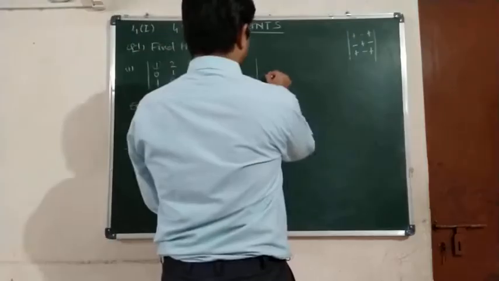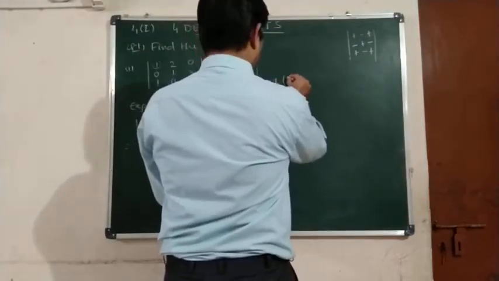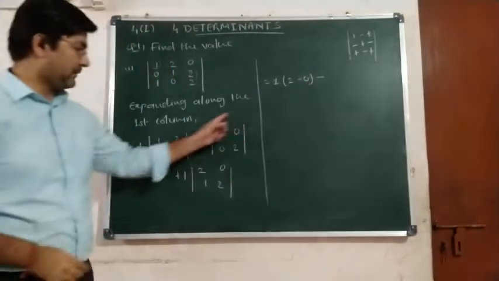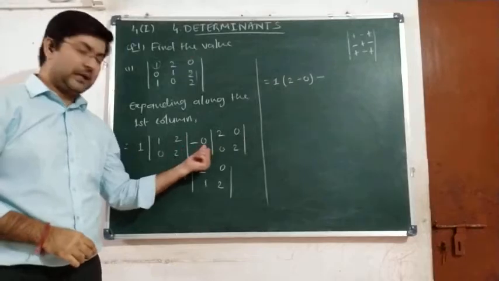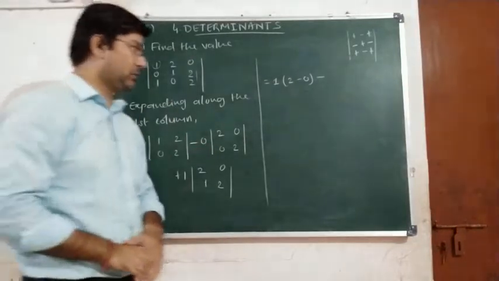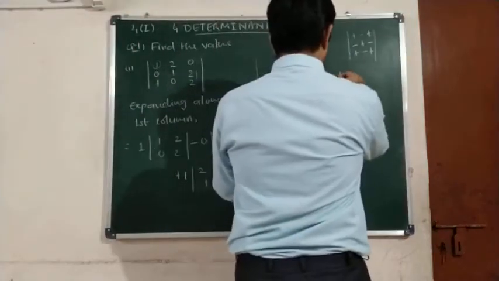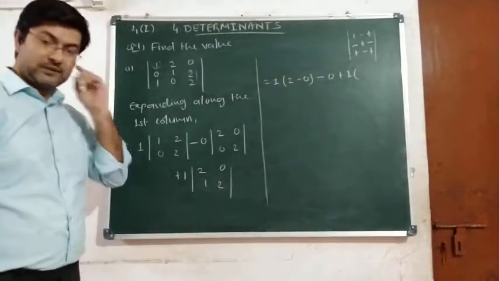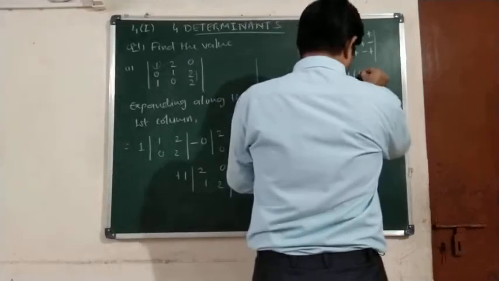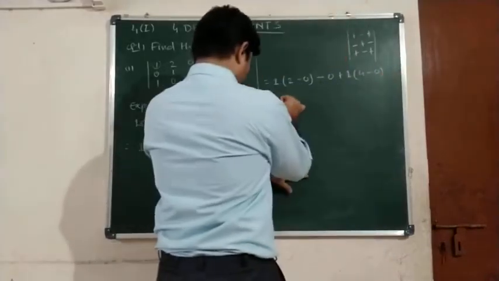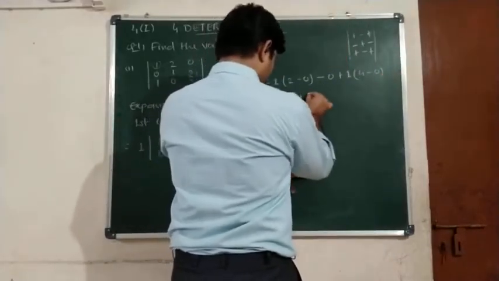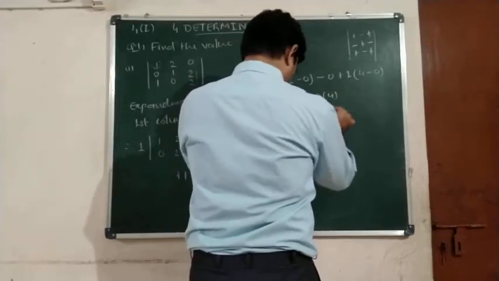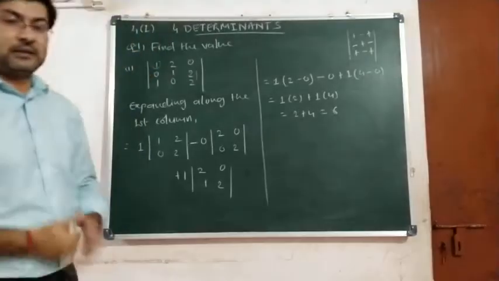So we get 1 into (1 times 2 is 2, minus 0), minus 0 into the determinant, and I am not going to expand it as it is multiplied by 0, so the whole term will be 0. Plus 1 into (2 times 2 is 4, minus 0). So we get 1 into 2 plus 1 into 4, which is equal to 2 plus 4, which is equal to 6. Clear?